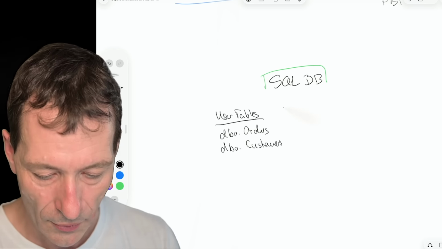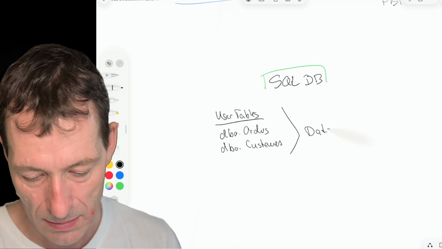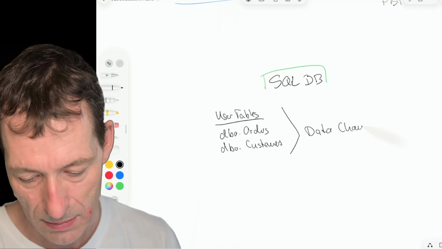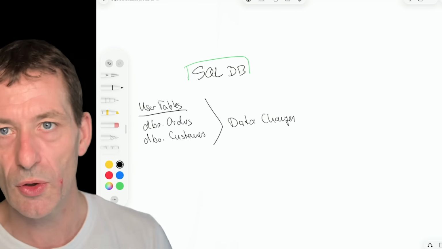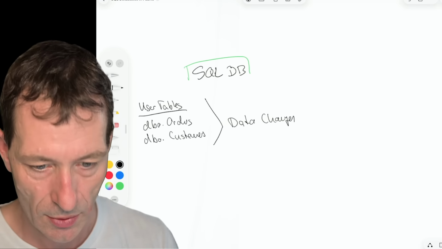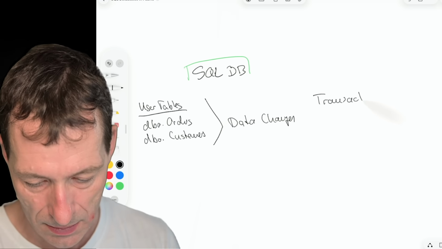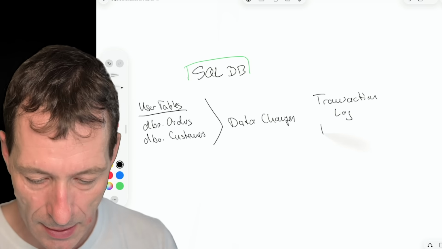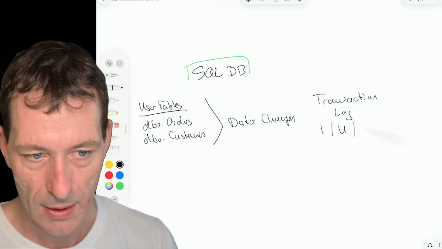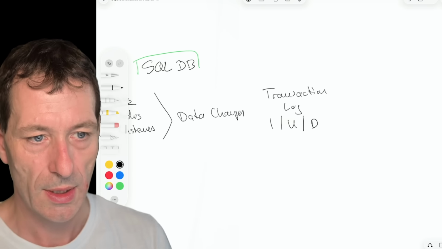On these tables, you have data changes. These data changes are written, as always in SQL Server, in your transaction log. So any insert, update, or delete is logged in your transaction log.